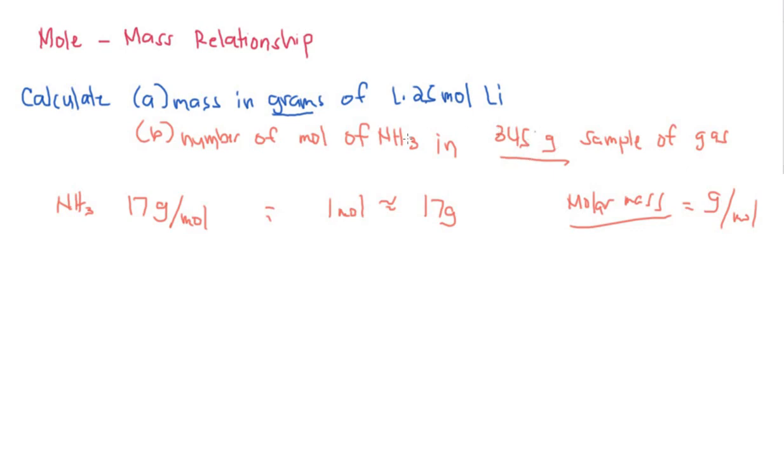Kaya natin pinaghihiwalay yung grams dun sa mole pag kinukuha natin is yung mass. Kasi pag sinabi po nating mass, we were talking about only the grams. And if we are looking for the mole, or the amount of substance, we are looking only for the amount of substance, which is the mole, not including the grams. So that's why kino-compute natin to.